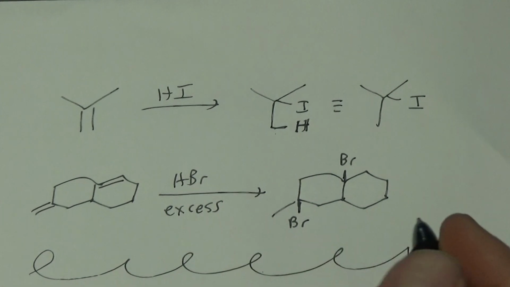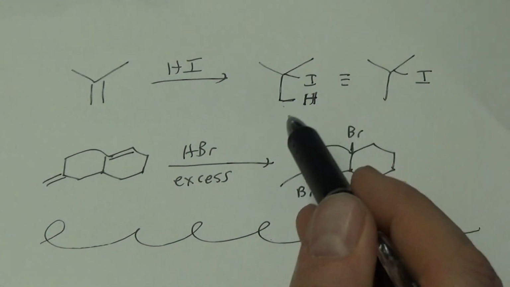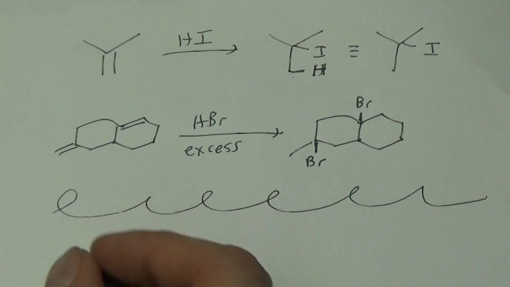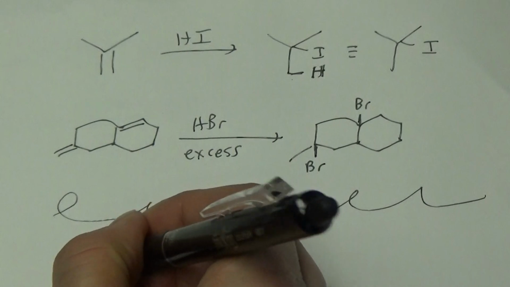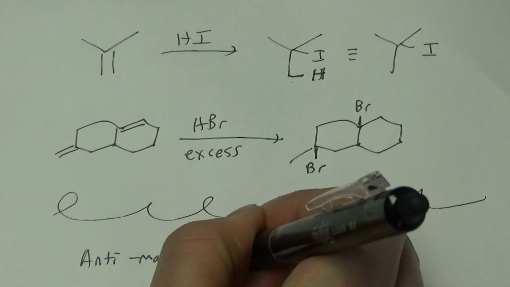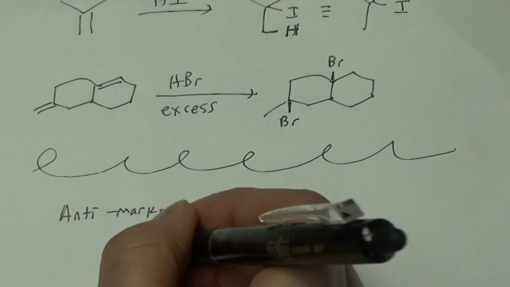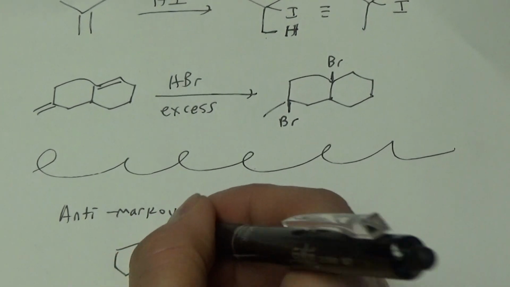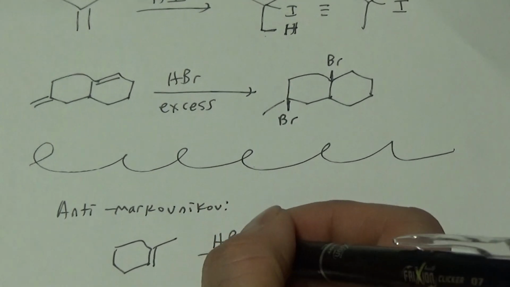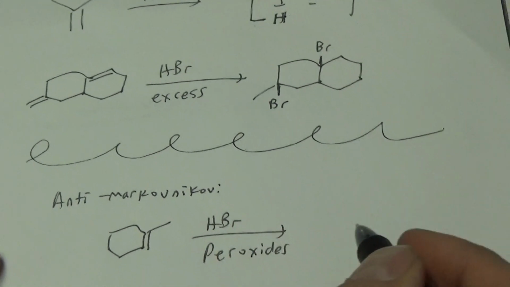Just as a little preview, there is an anti-Markovnikov version of this, because this is Markovnikov's rule, right? The iodine or bromine goes to the more substituted side. There will be an anti-Markovnikov version, and that's later in the chapter, I think near the end of the chapter. Which is going to be, if you do the same exact thing, but we use HBr and peroxides. We'll define what peroxides are later.